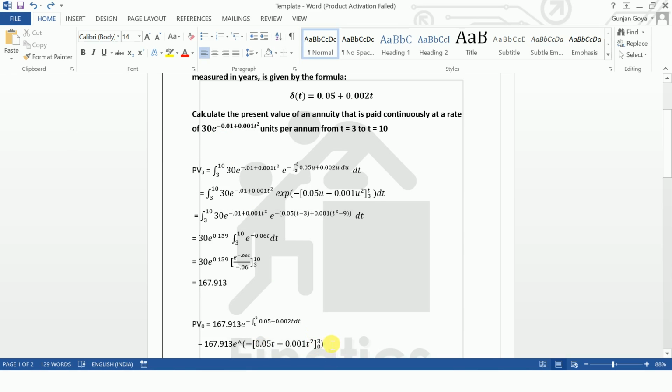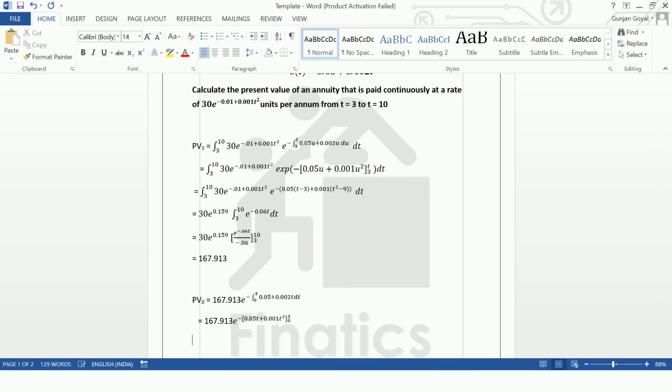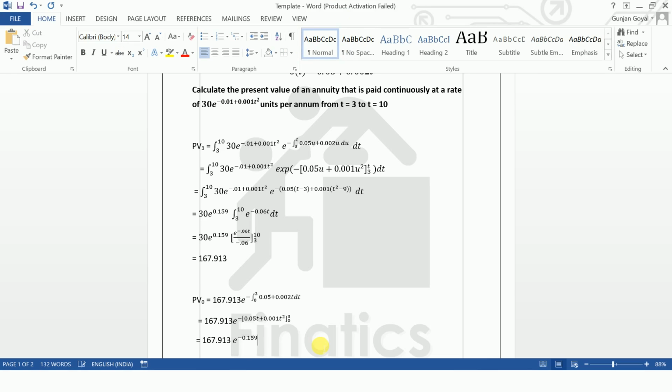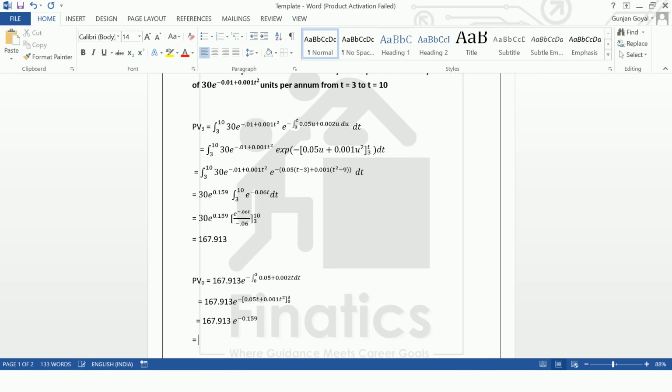Close a bracket and press. Okay, so this is inside this, and once you solve this in your calculator you get 167.913, again alt equals to e to the power minus 0.159, okay, which is this value, and then you can solve it and get 143.229.